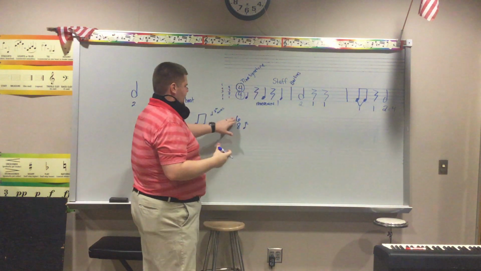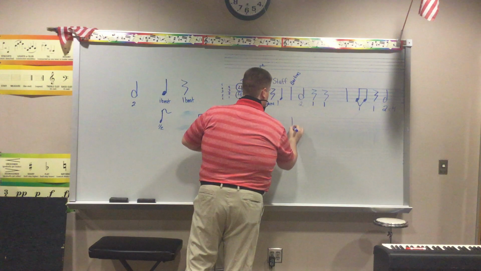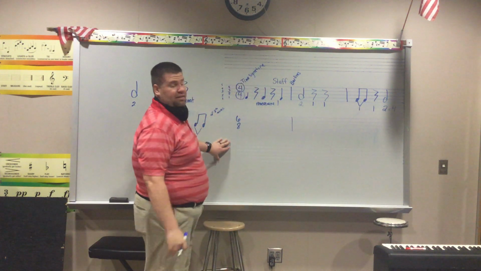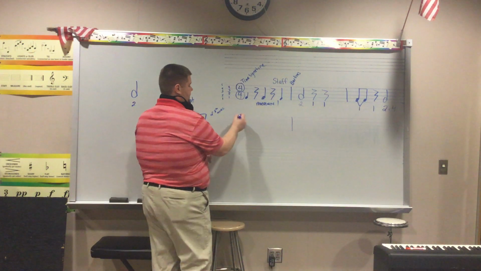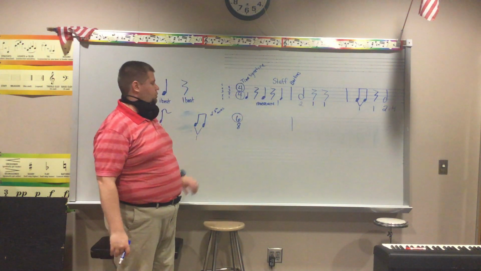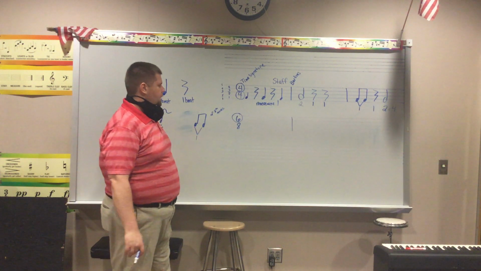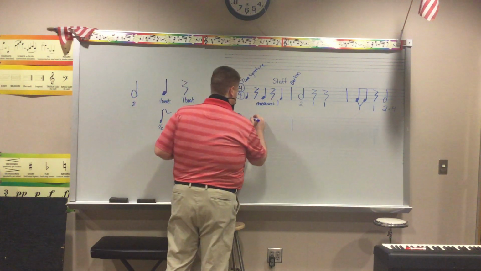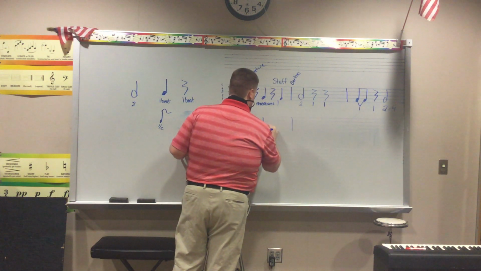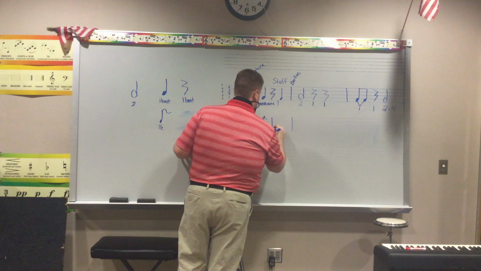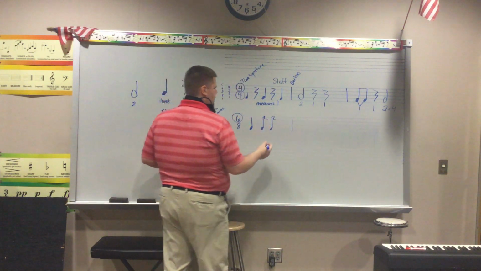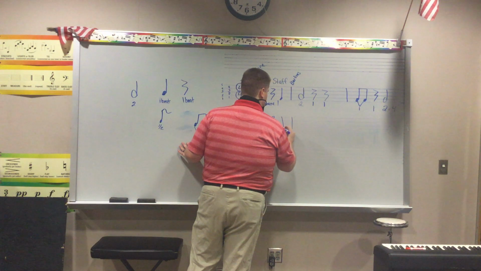So if we did a 6/8 measure here, and I had to have 6 beats, because the 6 on top there tells me I have to have 6 beats in this measure, then I'm going to use a quarter note, an 8th note, I'll put another 8th note in there, and let's go ahead and put another quarter note.